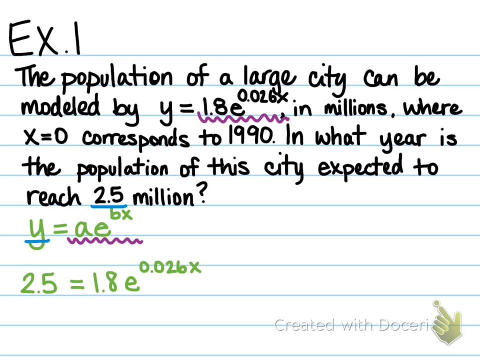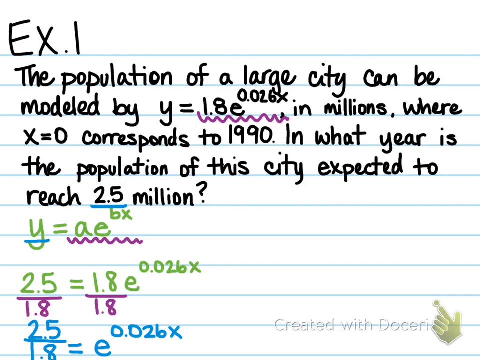So our goal is to solve for x, which represents the years since 1990. So first step, we need to divide by 1.8 on both sides. And I'm going to wait and do all the calculations at the end so I don't have to round numbers throughout the problem. So I'm going to leave this as 2.5 divided by 1.8 equals e to the 0.026x power.